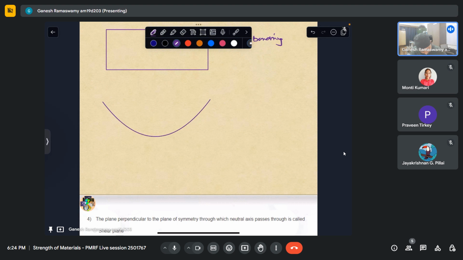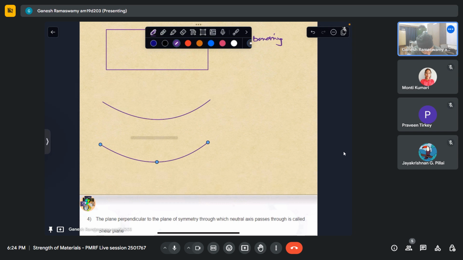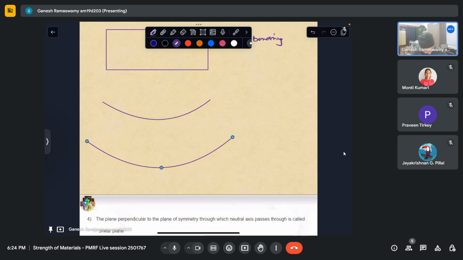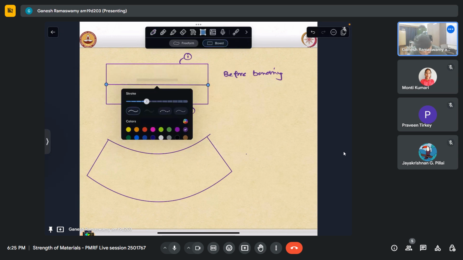And let this be its shape after bending. Roughly speaking, let it be something like that. So if I were to take, let me call this fiber 1, and let there be a central line like that.